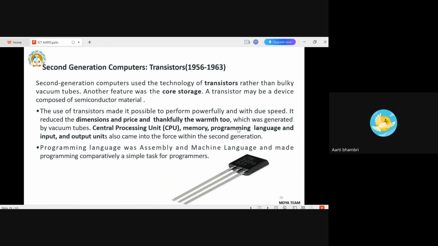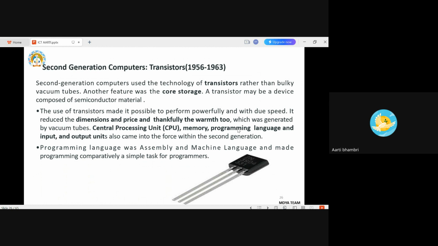A transistor is a device made up of semiconductor material. The use of transistors made it possible to perform powerfully and with better speed. It reduces the dimensions and price.